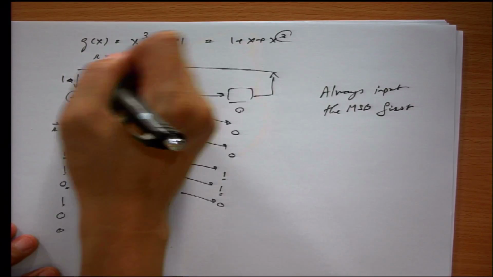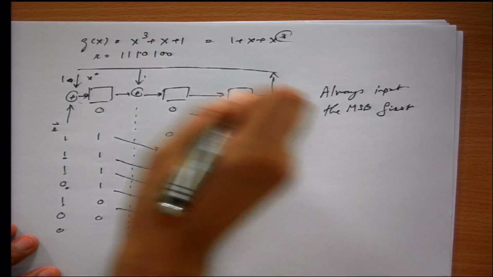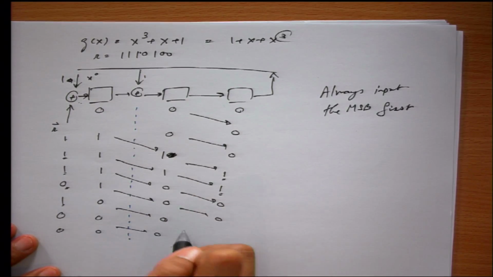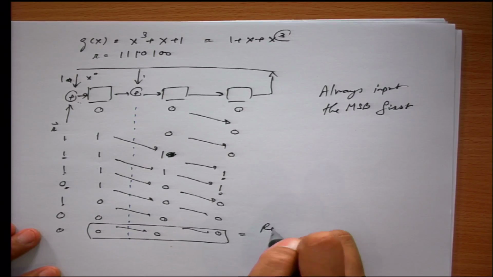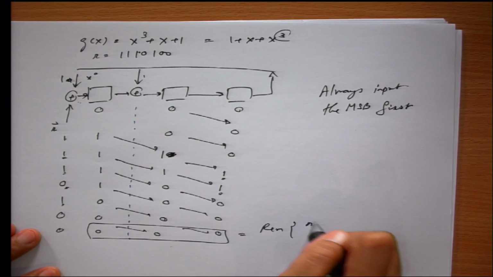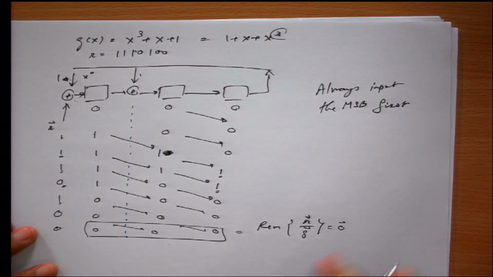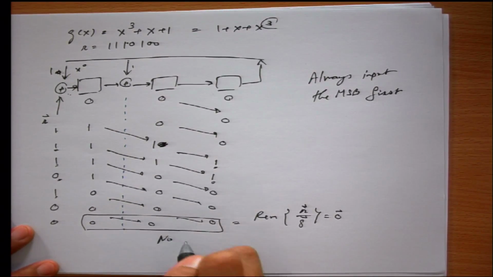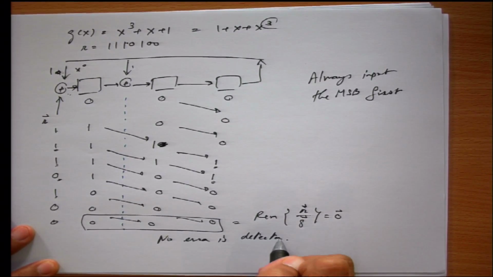Then 0 is shifted, 0 plus 0 is 0. This is the same. 0 is shifted, 0 plus 0 is 0. So this is equal to the remainder of R over G, and it is equal to 0. This means that no error is detected.